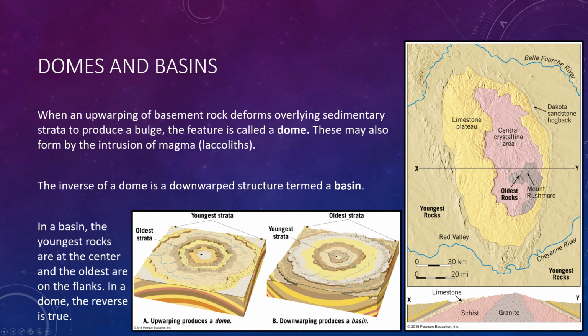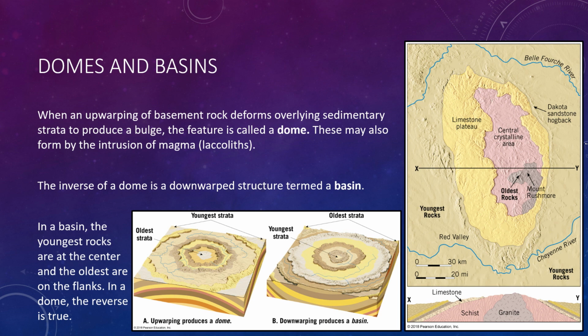When a broad upwarping of basement rock deforms the overlying cover of sedimentary strata to produce a circular or slightly elongated bulge, the feature is called a dome. The Black Hills of western South Dakota represent a large structural dome generated by upwarping. This is the image on the right. Here, erosion has stripped away the highest portions of the overlying sedimentary beds, exposing the older igneous and metamorphic rocks at the center.